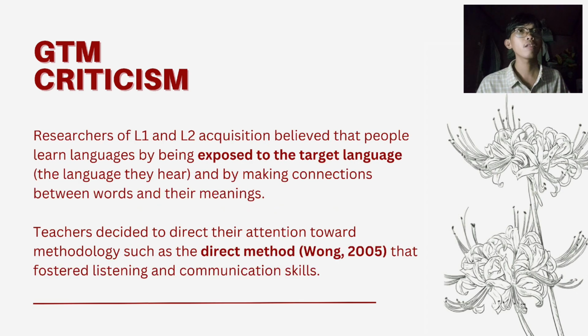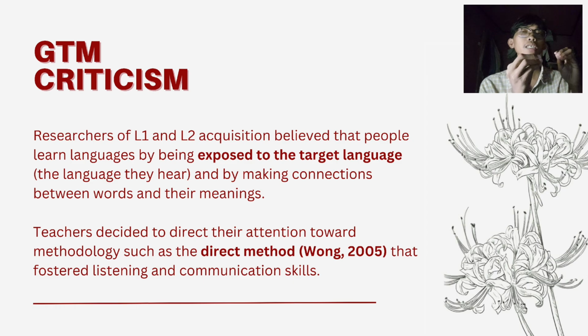The grammar translation method was questioned by researchers and language educators in the mid 19th century. Researchers of first language and second language acquisition believe that people learn languages by being exposed to the target language, the language that they hear, and by making connections between words and their meaning.